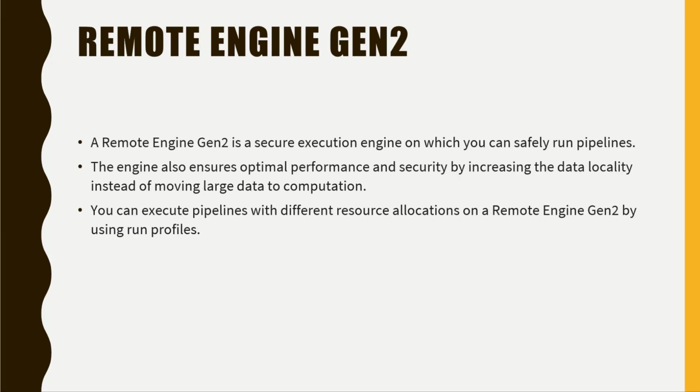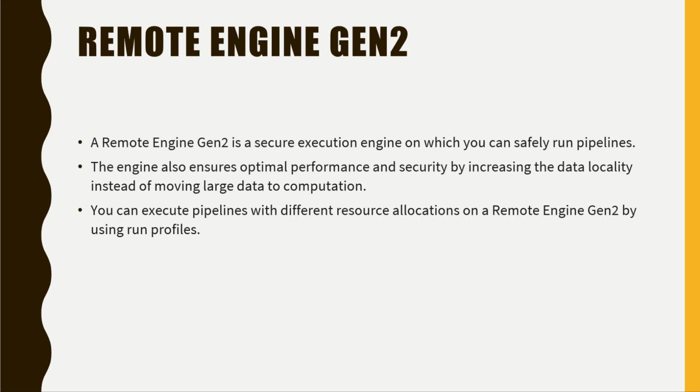So let's get into Remote Engine Gen 2. Remote Engine Gen 2 is a secure execution engine on which you can safely run pipelines. By using this engine, you can make sure that data processing happens in a safe and secure environment, as Talend never has access to the data and resources of your pipelines.